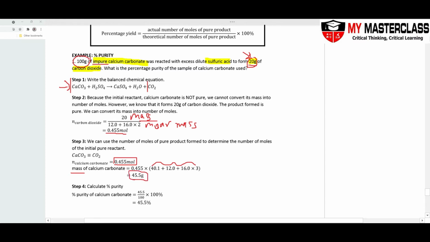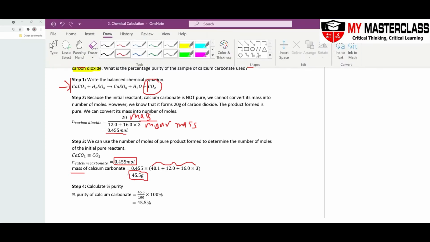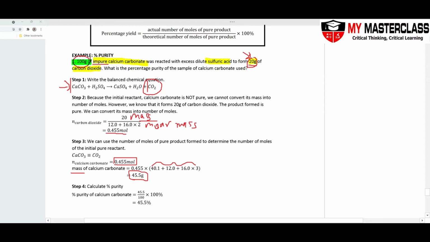This 45.5 grams is the pure calcium carbonate that reacted with the sulfuric acid to give me CO2 gas. The other parts are impure. So I started with 100 grams, but only 45.5 grams is pure. So find the percentage purity: 45.5 divided by 100 times 100%, you get 45.5%.